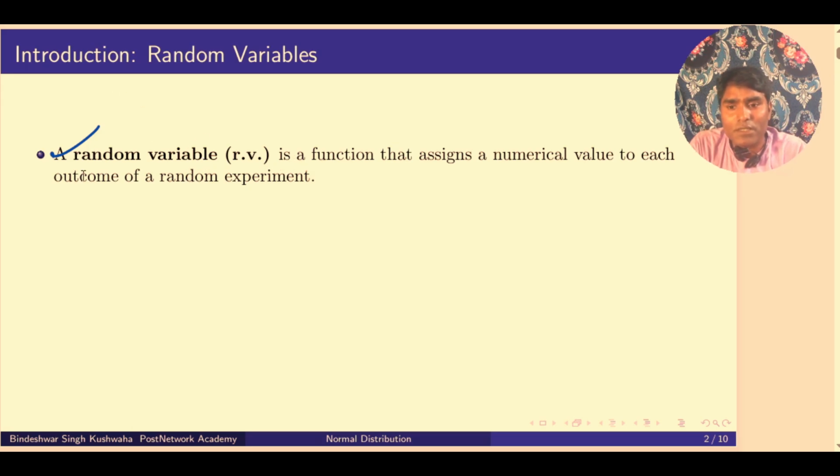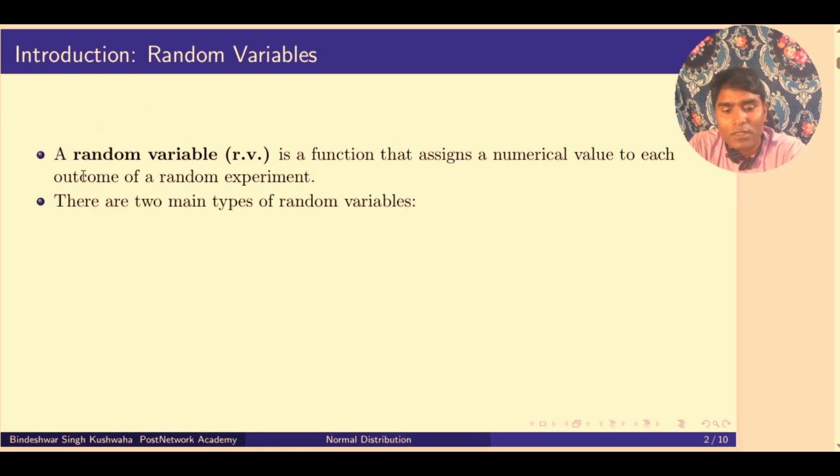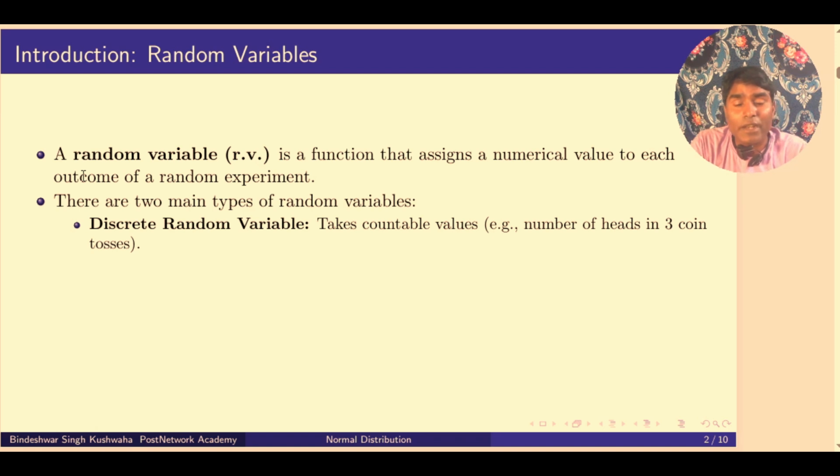The first one is discrete random variable, and I have explained binomial distribution, Bernoulli distribution, Poisson, hypergeometric, geometric, and negative binomial. These are most important discrete distributions, and you might have seen that random variable x was taking discrete values.